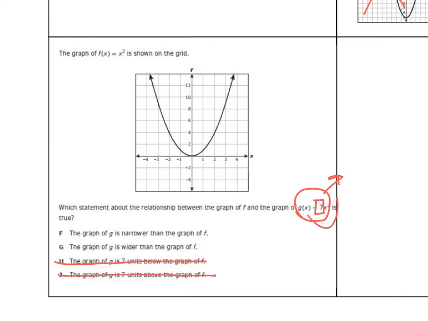You can also graph 7x squared and see how it would look on this graph. If you were to graph it, you will notice that this point is about here and here. So our graph got more narrow, which is letter F.